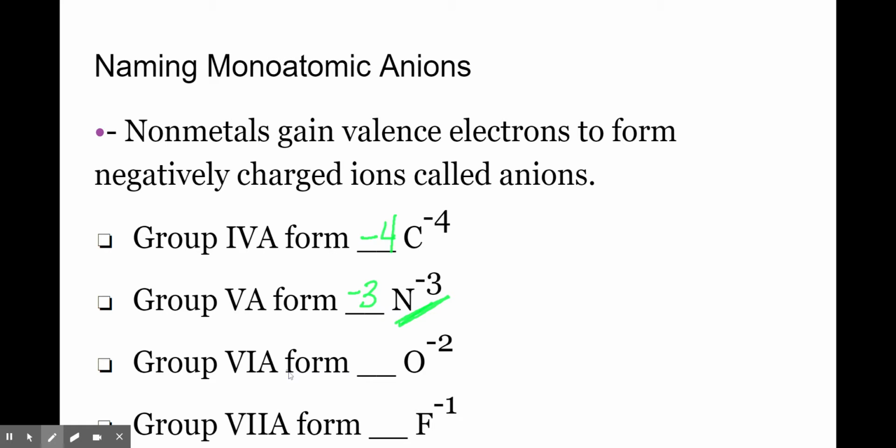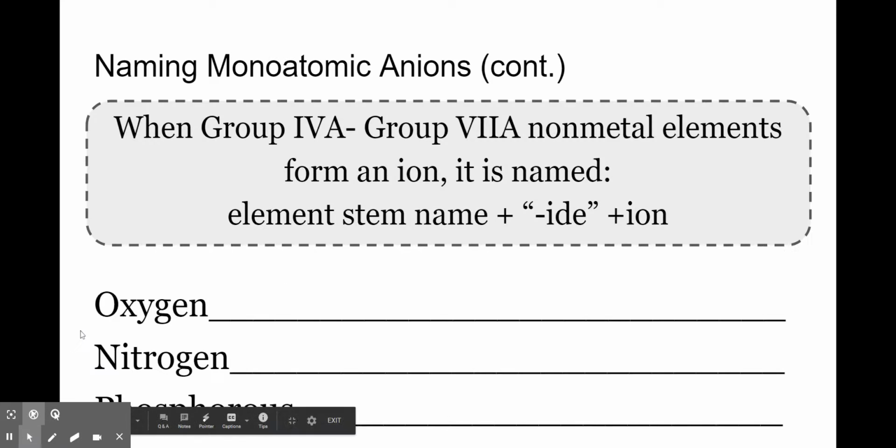Group 6A is going to form negative 2 ions, so oxygen negative 2. Group 7A is going to form negative 1 ions, like F, fluorine, to the negative 1. Group 8A will not form any ions.